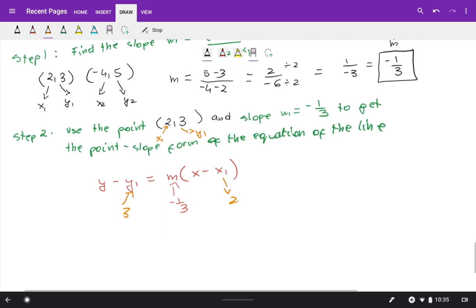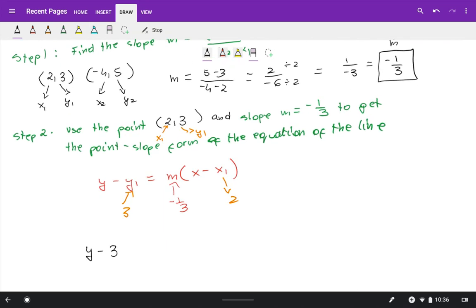So we'll have y minus 3 equals negative 1 over 3 times x minus 2. And look what happened. We have the point-slope form.